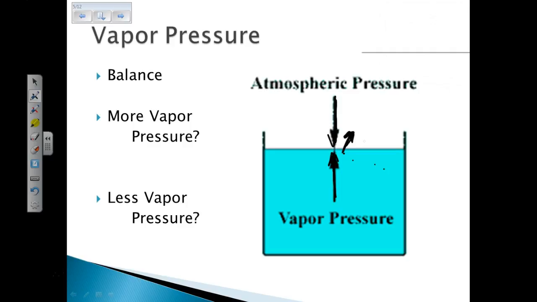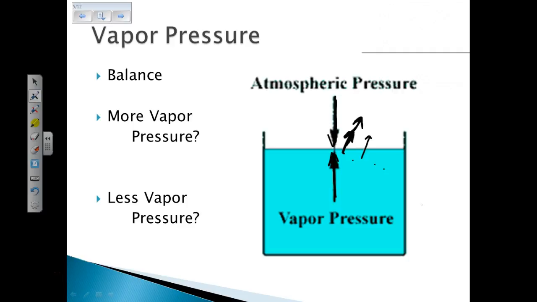That's why things evaporate, because the vapor pressure increases compared to the atmospheric pressure. So if there's more vapor pressure, we're talking about more particles jumping out into the vapor phase, the gas phase. If there's less vapor pressure, the particles aren't jumping out as much into the vapor phase.